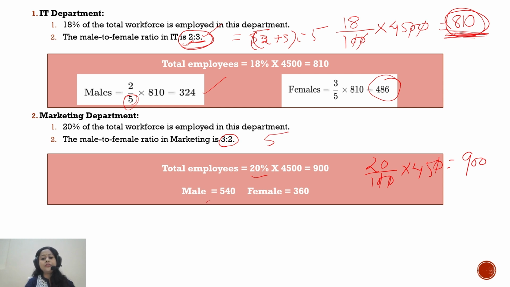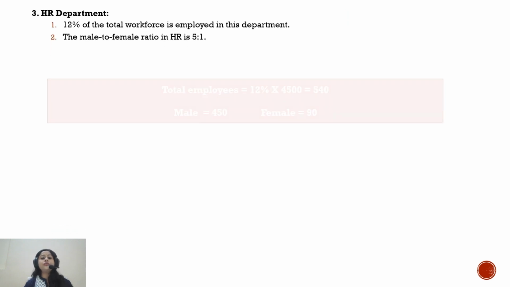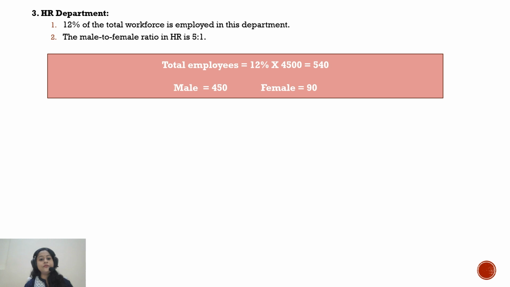For male it will be 3 by 5 into 900, and for female it will be 2 by 5 into 900. That will give you 540 as male, and 360 as female employees working in the marketing department.